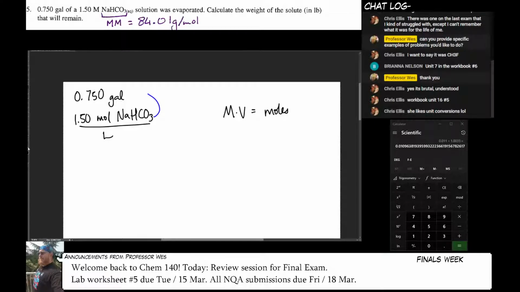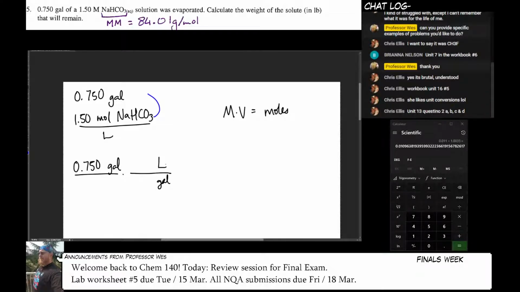So let's start with the volume. Let's get that to liters. And I don't know the conversion from gallons to liters off the top of my head. 3.7854. That's good enough. Liters per gallon.